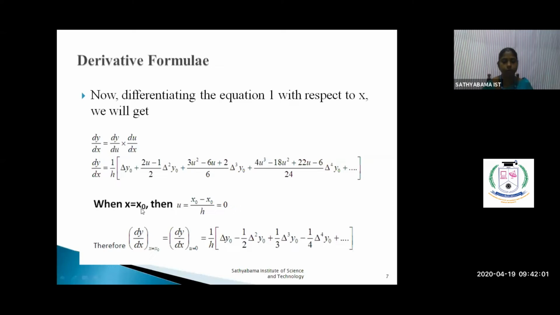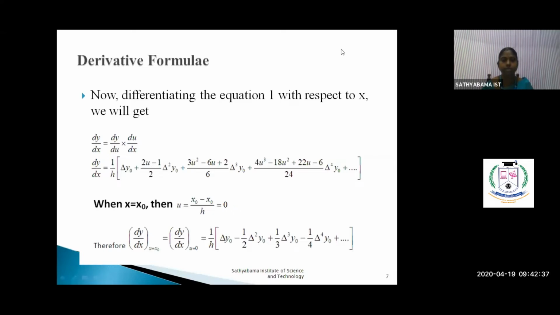If x is equal to x naught, or if u is equal to 0, then the first order derivative dy by dx at u equal to 0 is 1 by h delta y naught minus 1 by 2 delta square y naught plus 1 by 3 delta cube y naught minus 1 by 4 delta power 4 y naught. So we have seen two formulas now. What are the formulas? The first order derivative of y with respect to x, if my x is near the beginning.